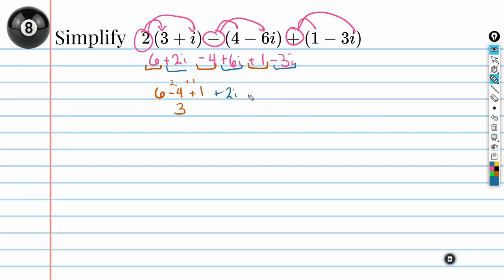So plus 2i plus 6i minus 3i. So that would be 2 plus 6 is 8i, and then we have it minus 3i which gives us a positive 5i. So that's your answer.